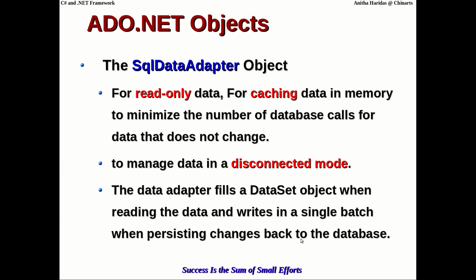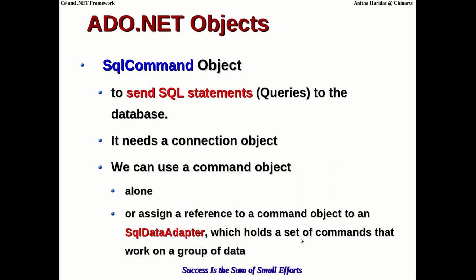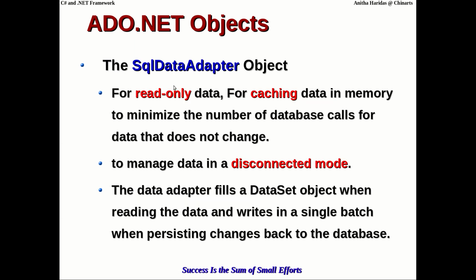Because when you are going to have a live connection, something like the SQL command, whenever you want to execute a query like select query, update query, insert query, whatever query you are going to execute, every time a database connection must be established. Whereas in this case, we retrieve all the data and store it in the data set.